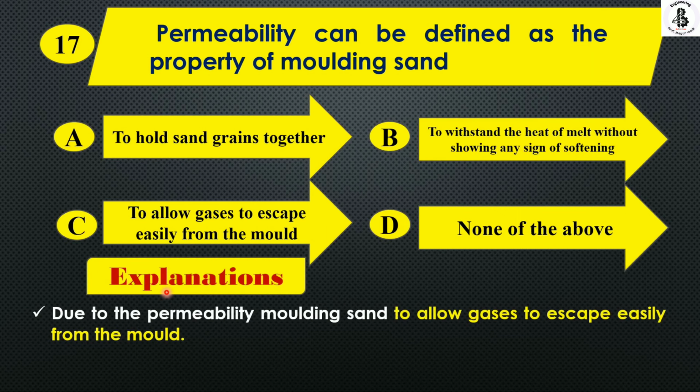Such characteristics are required in the sand mold casting process. So the right answer is option C, to allow gases to escape easily from the mold.